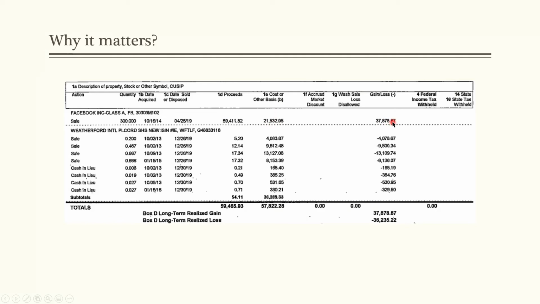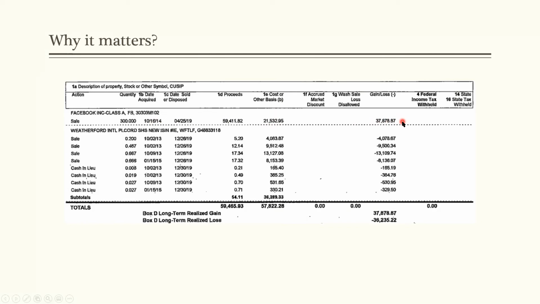Now, he probably called his CPA, who's very smart and kind of good looking, and said, hey, I've got this big gain. What am I going to do? And I told him, well, since you're in long term, it's going to be taxed at the 15% bracket. So just plan on about $5,000 of taxes here and you'll be good.